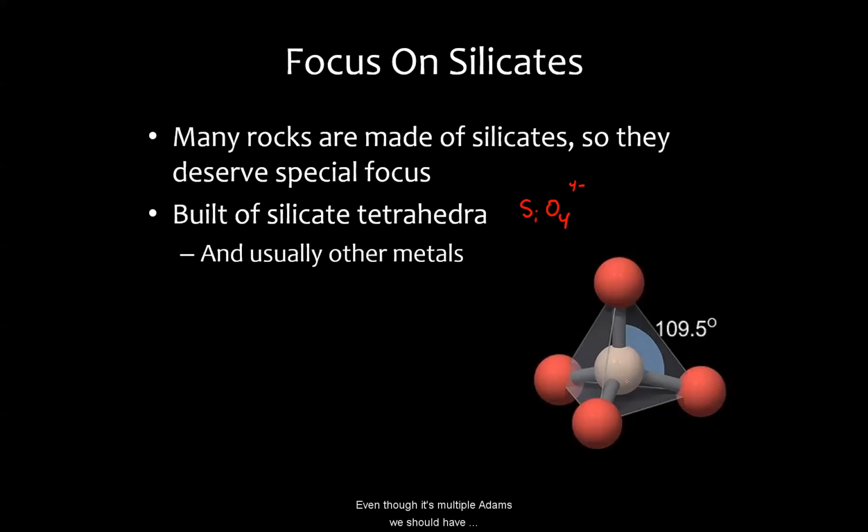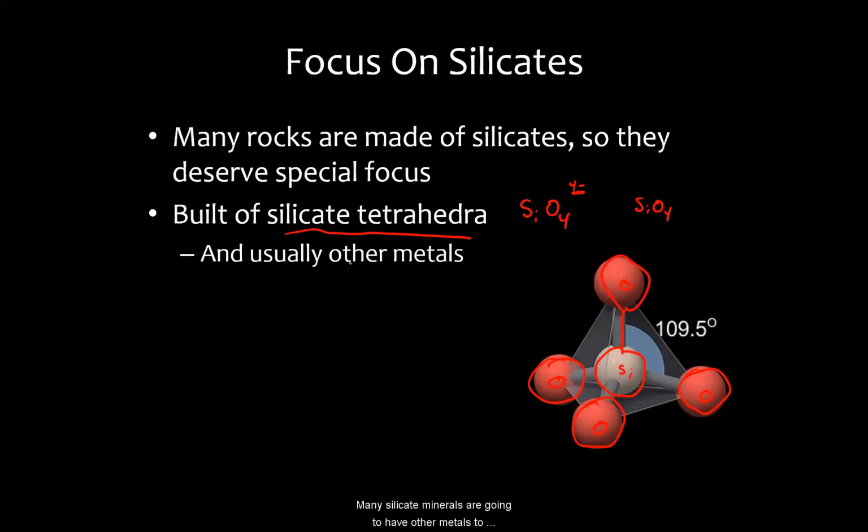Even though it's multiple atoms, we sort of treat it as its own anion because the bonds between each of these atoms are strong covalent bonds, so they tend to stick together. The whole thing has a -4 charge. Sometimes I may leave that off and just write it as SiO4. But whenever you see a silicate tetrahedron, you should think that on its own, with nothing else connected to it, it's going to have a negative charge.